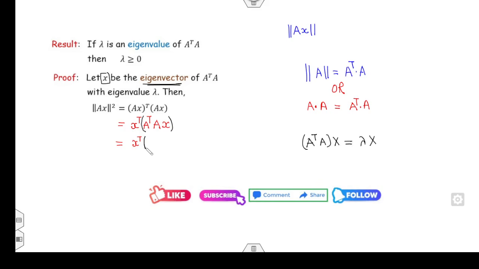So I can write this number as lambda into x transpose x, because lambda is real and comes outside. By the norm definition, I can write this number as lambda times the norm of x squared.